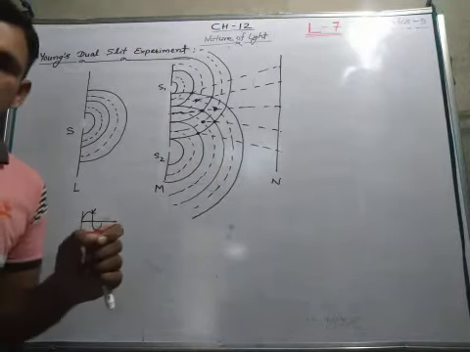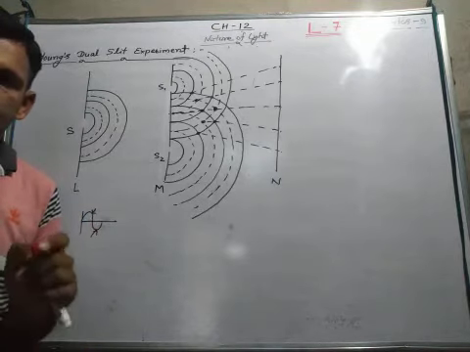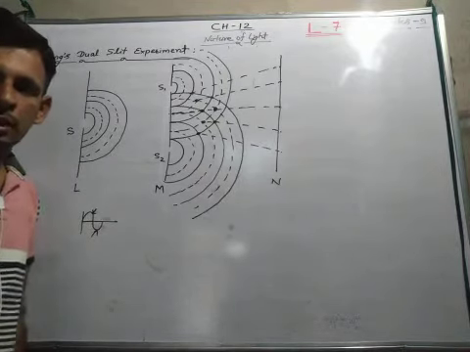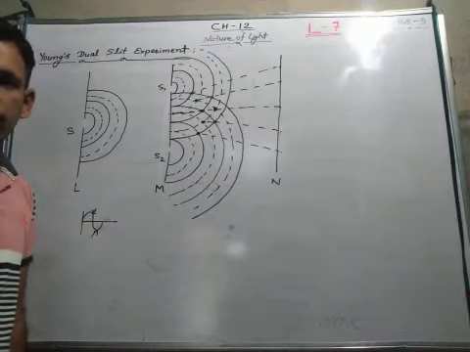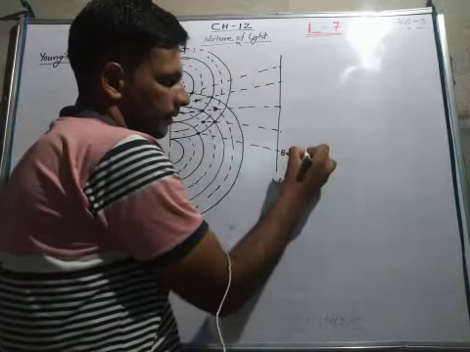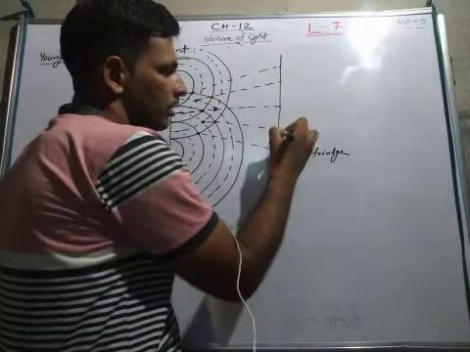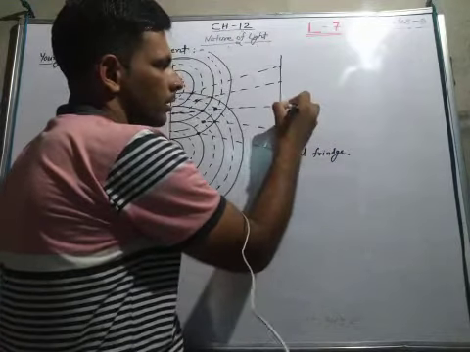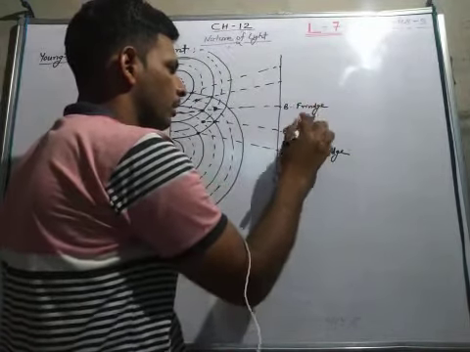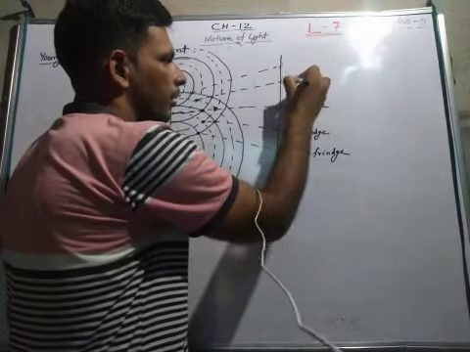If crest to crest and trough to trough intersect each other, then constructive interference takes place and makes a bright fringe. This is also a bright fringe.